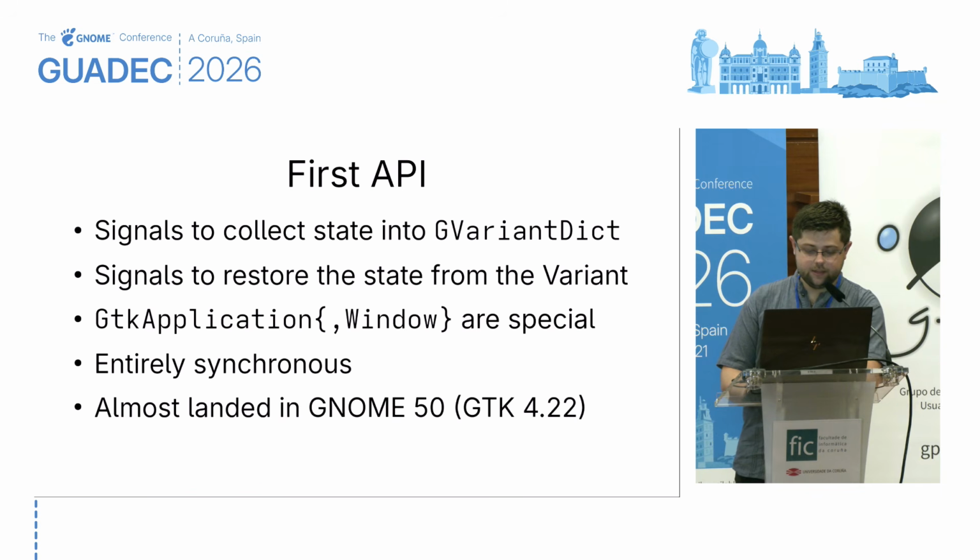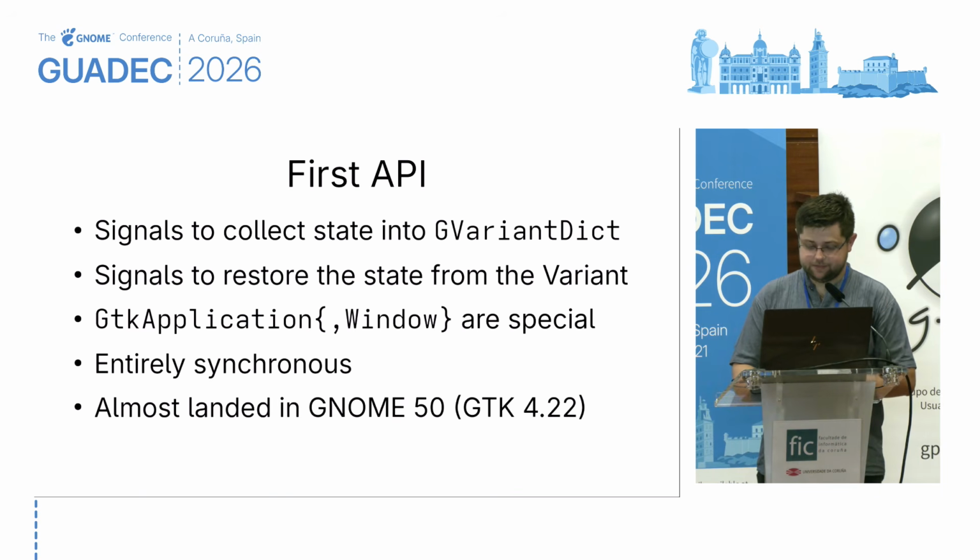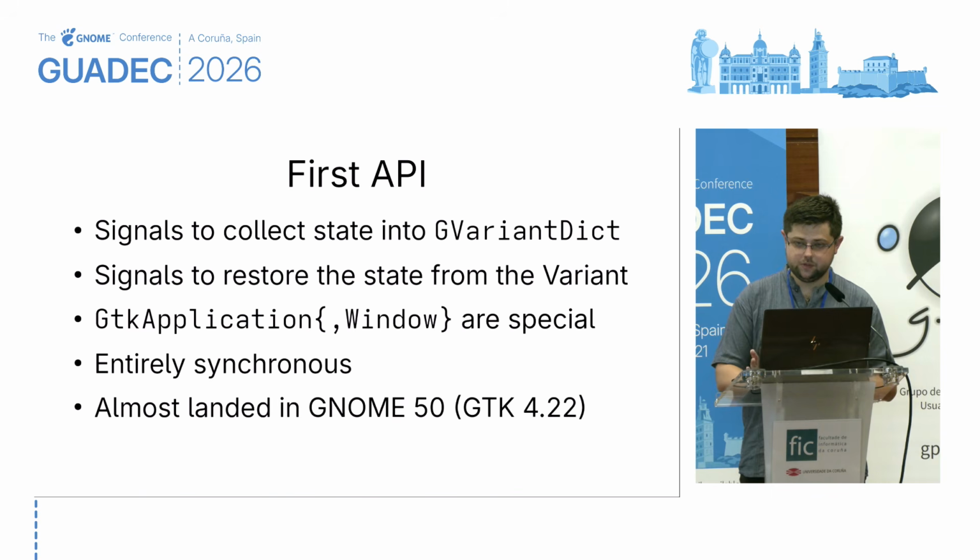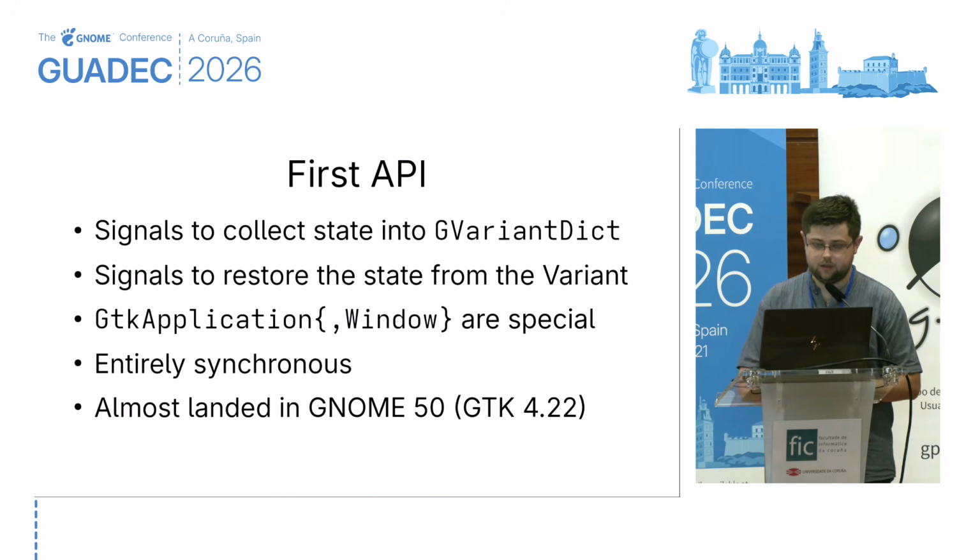And these signals were on GtkApplication and GtkApplicationWindow. So those two classes were special. They got special treatment by GTK. They're a special case. And this entire API is completely synchronous. So we just emit the signal. And when all the signal handlers return, we assume we're done. We assume all the state has been collected. That's it.